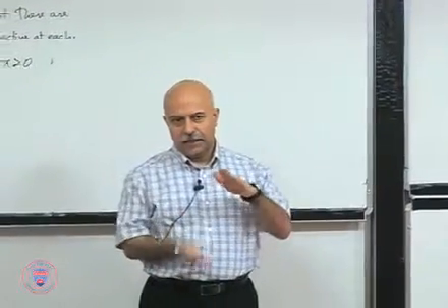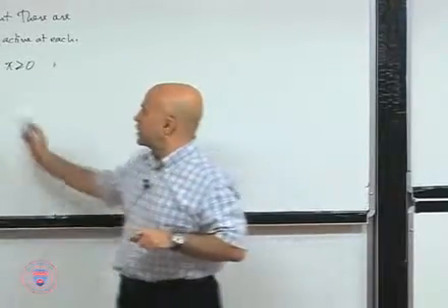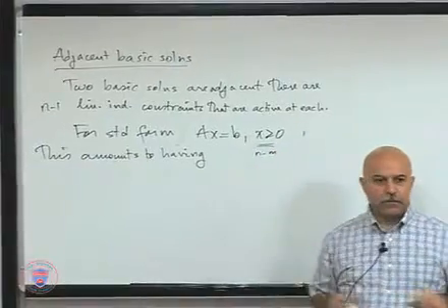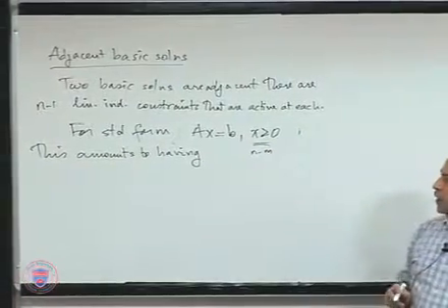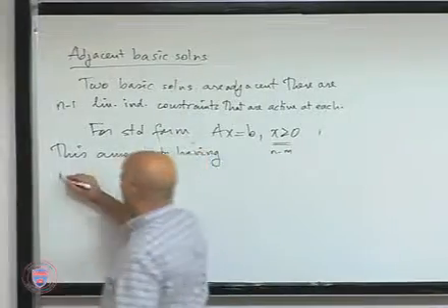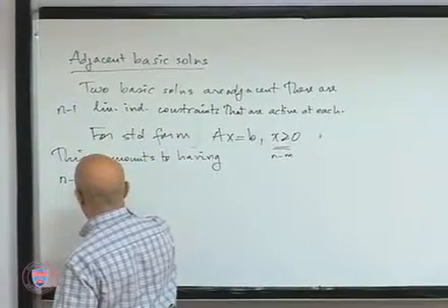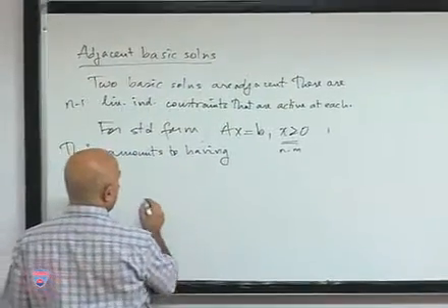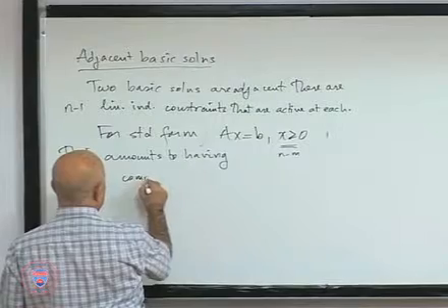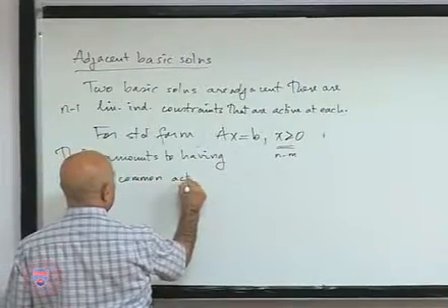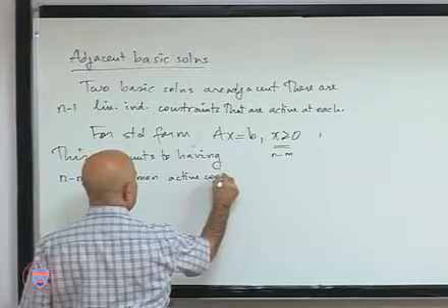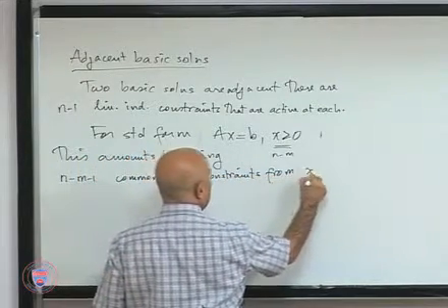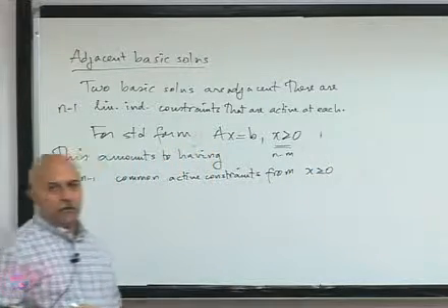Which means that since the active constraints are defined by Ax = b, and you pick n-m active constraints from the non-negativity part, this amounts to having n-m-1 common active constraints from the x ≥ 0 part.